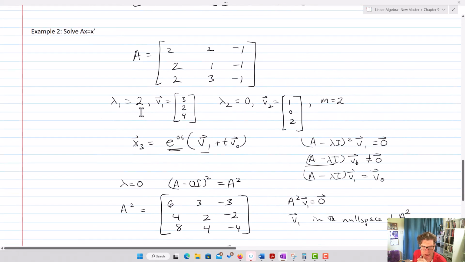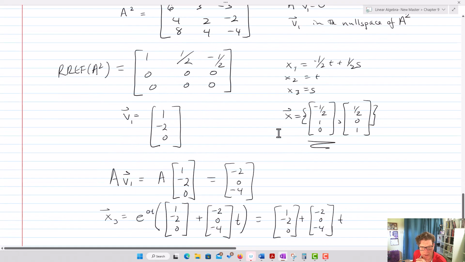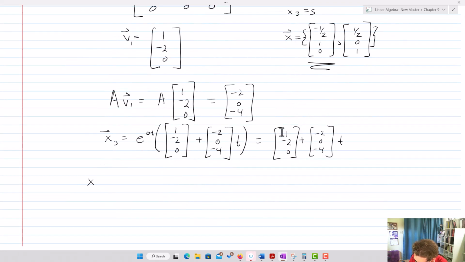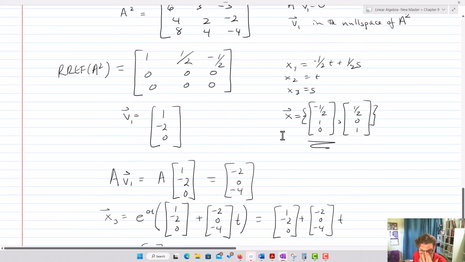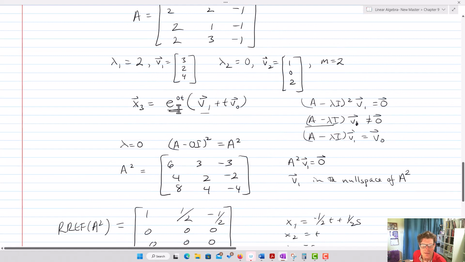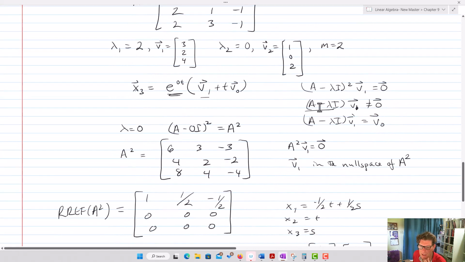So we got lambda 1 equals 2, v1 equals 3, 2, 4. So that's going to be x equals c1 e to the 2t times 3, 2, 4, plus c2, and this is e to the 0t, which means it's just a constant, 0, and it'll be 1, 0, 2.